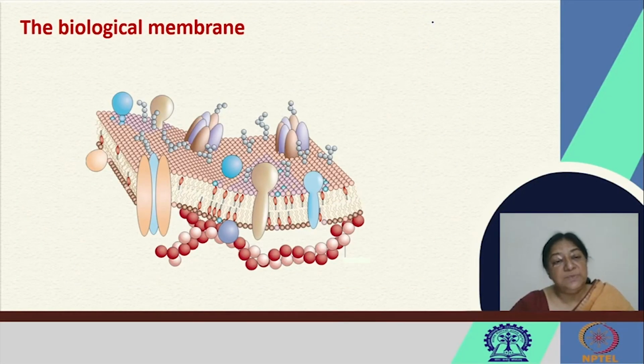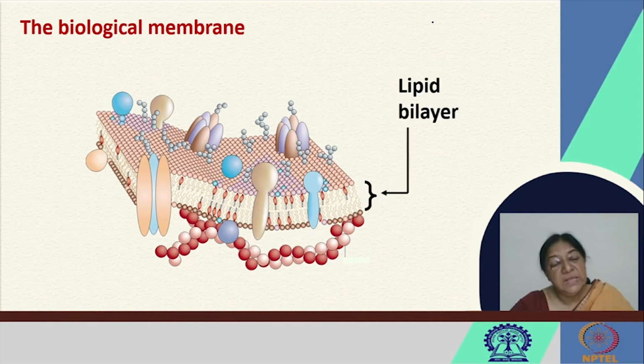So if we look at this biological membrane, we understand that there are variations in the lipid structure in terms of its head group and its tail, which then results in a specific curvature associated with the membrane. This membrane, lipid bilayer, therefore can have variations depending upon the components that they are comprised of and the components that are present.